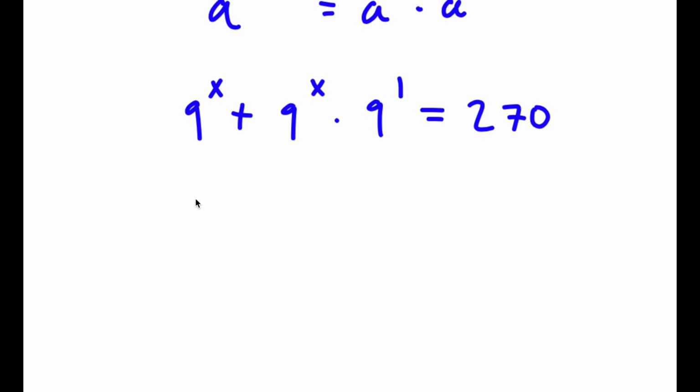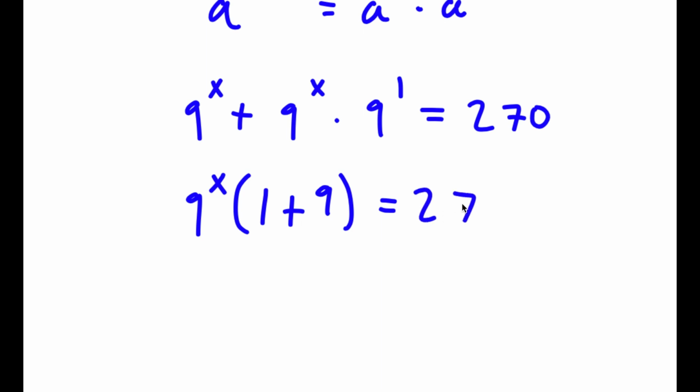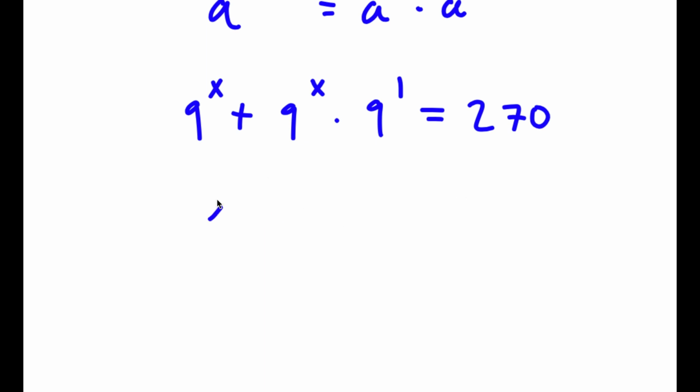Now, if I factor out 9 to the power of x from here, I get 9 to the power of x times 1 plus 9. Sorry, actually, instead of doing that, I'm going to let 9 to the power of x equal to the variable m.